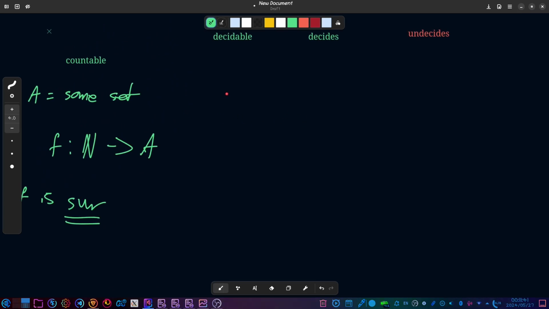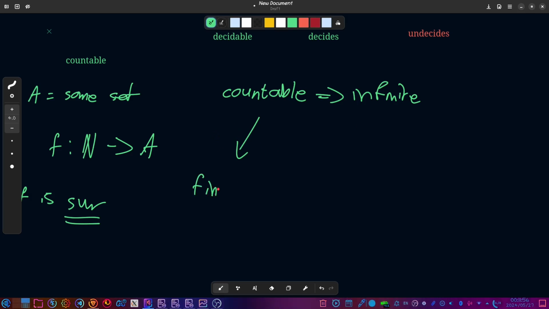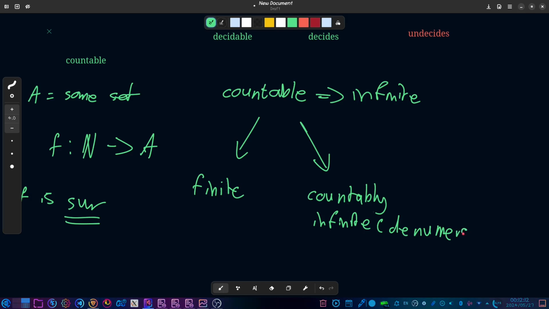Some people think the word countable implies infinite, and that's not the case, right? Countable can mean one of two things. It means either finite or it means countably infinite. Right? It means one of these two things.